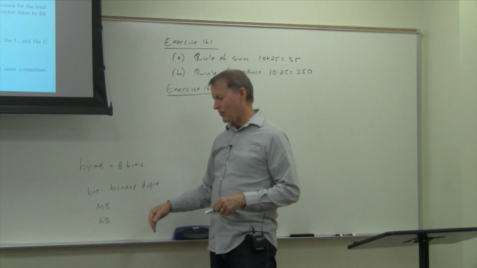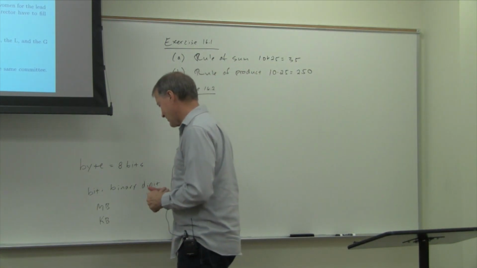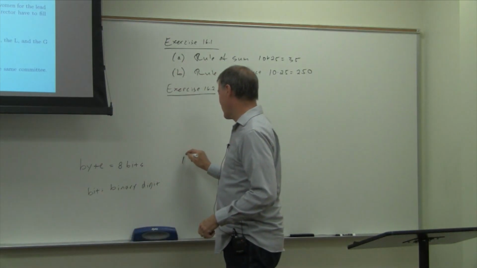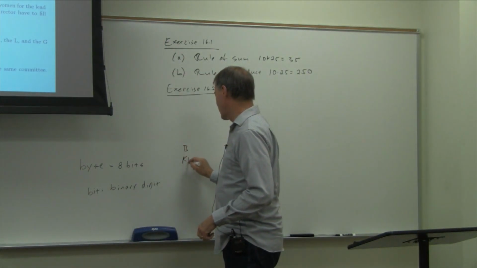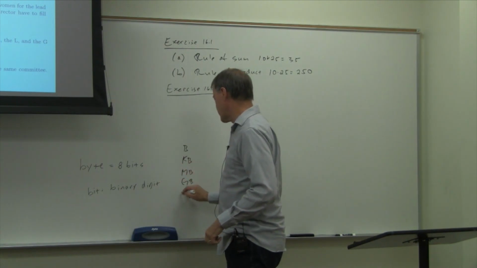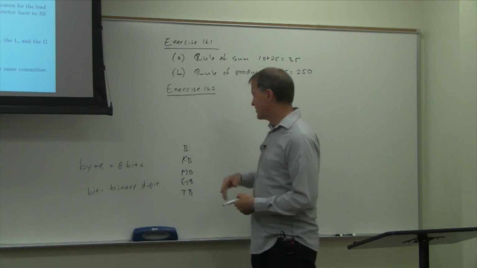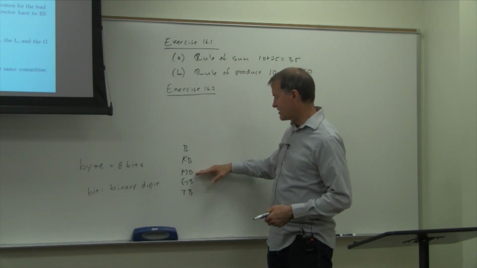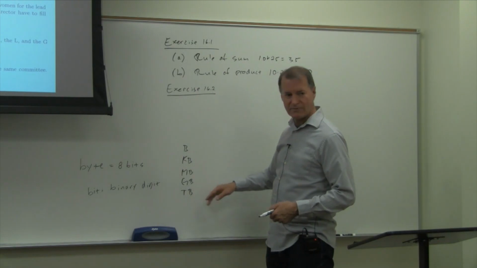Each one is 1,000 times more. A terabyte is 1,000 gigabytes. As long as we're doing it, we better do it right. So here we have byte, kilobyte, megabyte, gigabyte, and terabyte. This is 1,000, 10 to the 3, 10 to the 6, 10 to the 9, 10 to the 12.